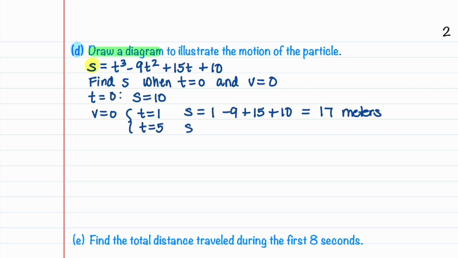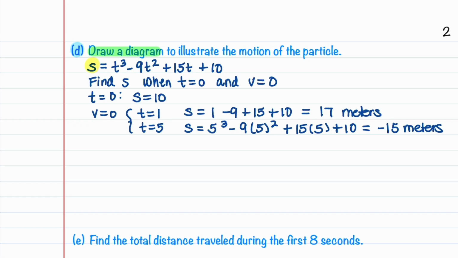When t is 5, s is going to be 5 cubed minus 9 times 5 squared plus 15 times 5 plus 10. And when you add all of that up, you end up with a value of minus 15 meters. Now we're going to go ahead and start our diagram.